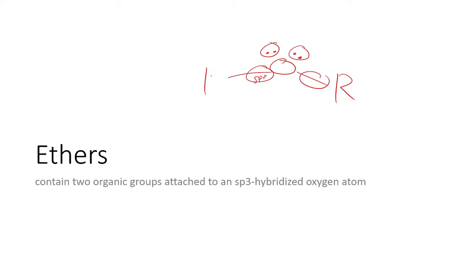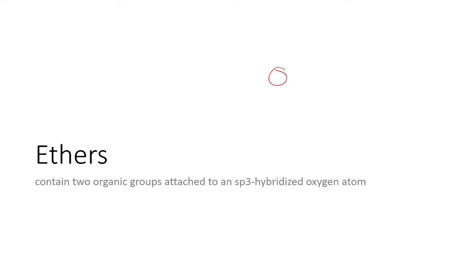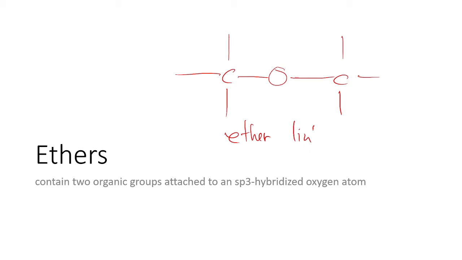To be exact, when we talk about ethers, we have our oxygen in the middle, then a carbon and another carbon. Each carbon may have different substituents; it can be a hydrogen or other groups. This structure is what we call an ether linkage.